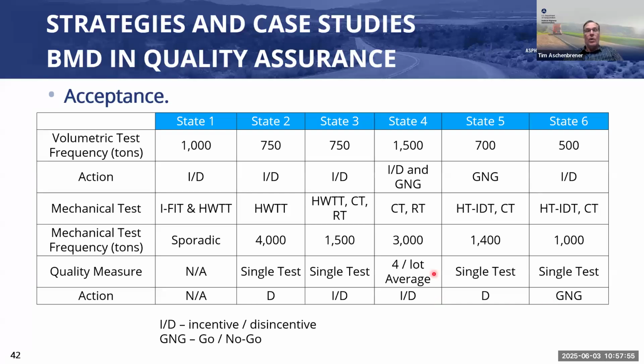Now, state 4, for example, they have 3,000 ton sublots and 4 sublots per lot. So they have a 12,000 ton lot, and they're using an average in order to apply incentive and disincentive. Now, I will say they are running replicates to get these tests, and they also have a coefficient of variation that's applied to the replicates.